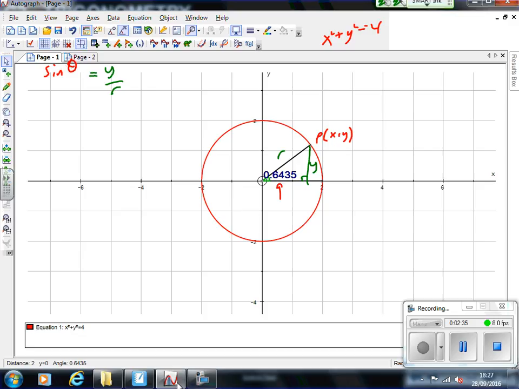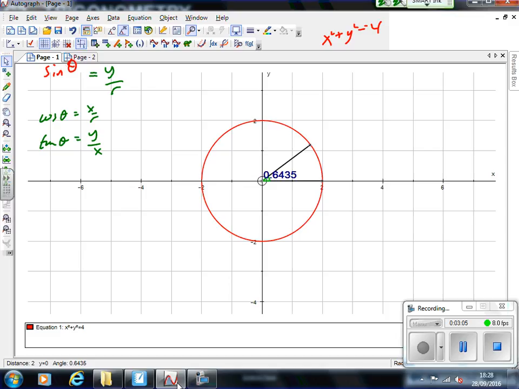But y is movable as it goes round the edge of a circle, okay? The y-coordinate can be negative, so therefore sine can be negative, because sine is the y-coordinate over the radius, just as cos theta is the x-coordinate, the adjacent over the radius, and tan theta is your opposite, which is your y-coordinate over your x-coordinate, okay?